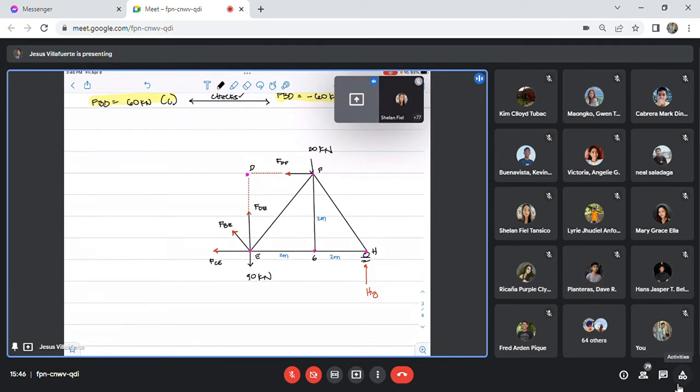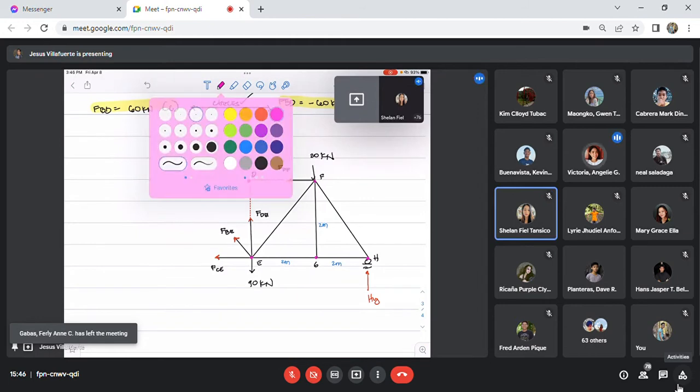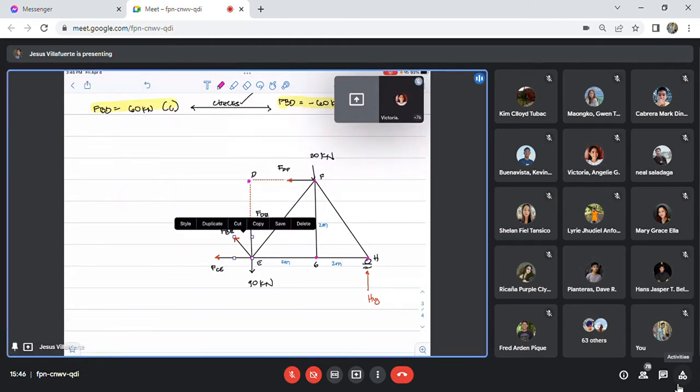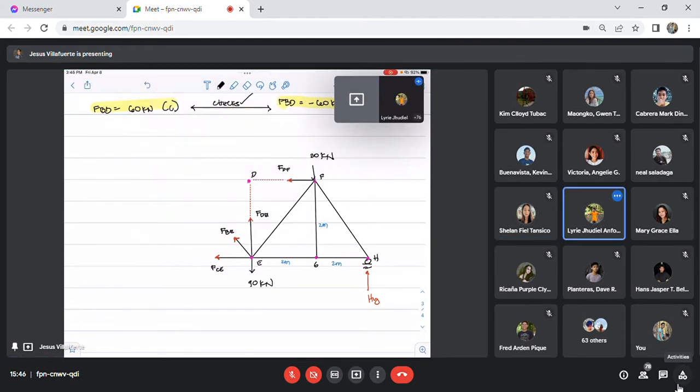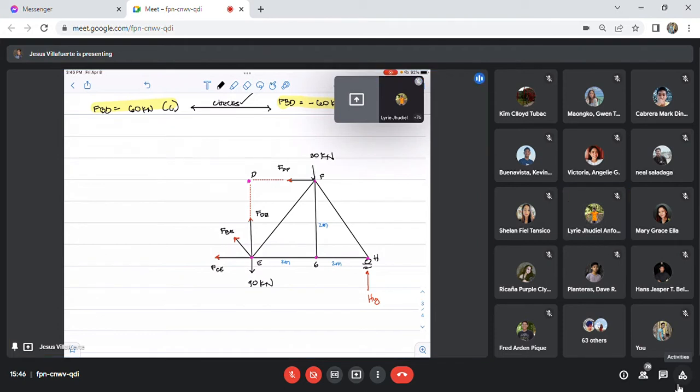Where should we take moments? At E, sir. At E? Correct. If we cut at member E, what will not be included?